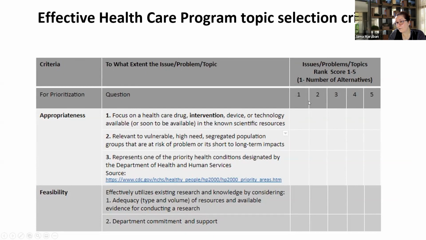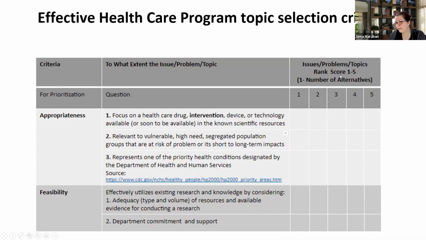Here, our presumption is we have 5 alternatives. If you have 6 alternatives, 6 research areas or research issues, the score and the rank would be from 1 to 6.